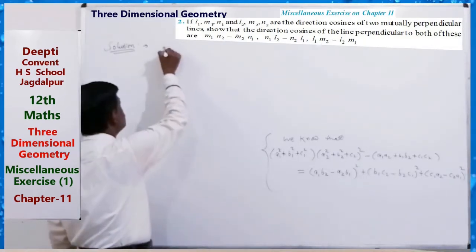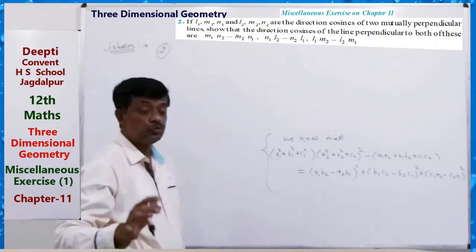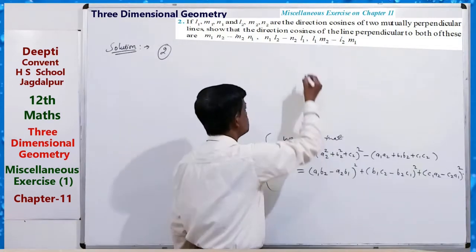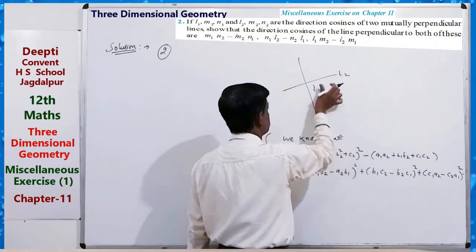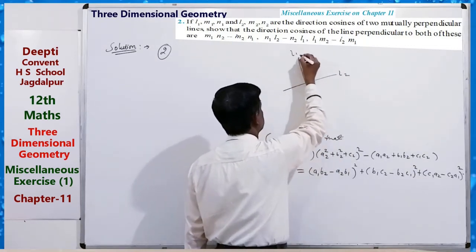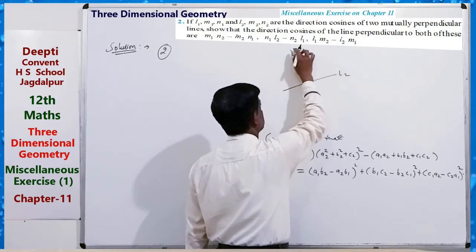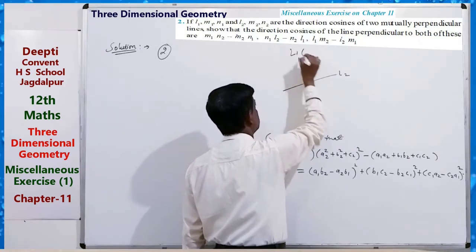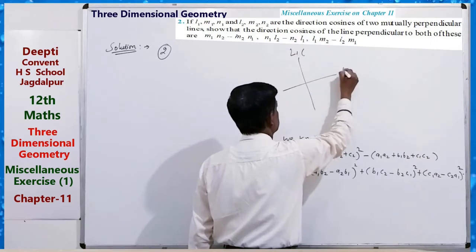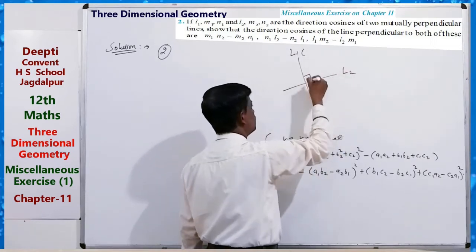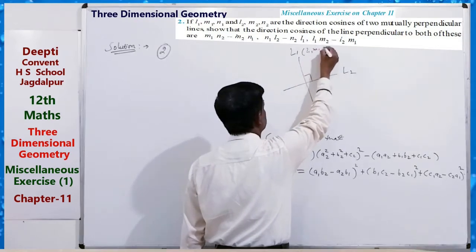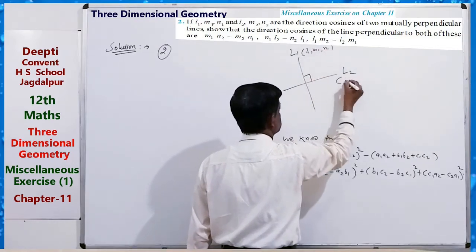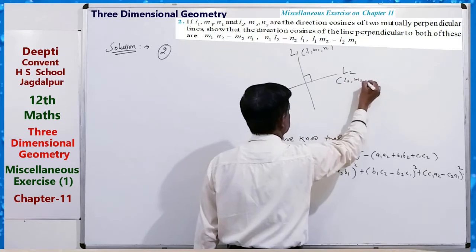Here, question 2. Given two mutually perpendicular lines. Suppose this is L1, this is L2. Its direction cosines are L1, M1, N1, and the direction cosines of L2 are L2, M2, N2.